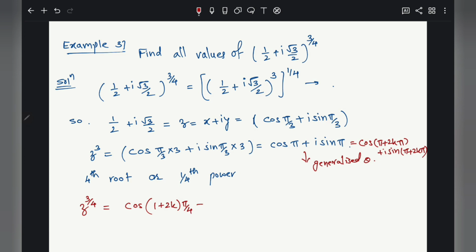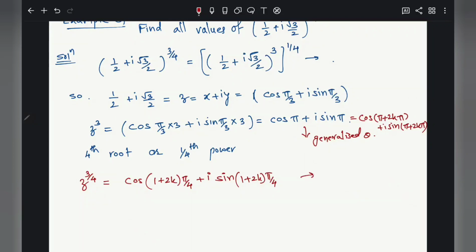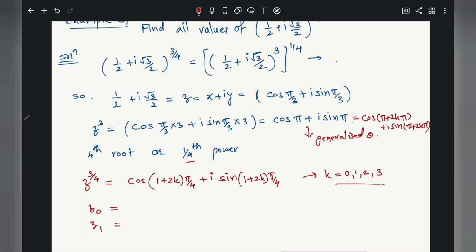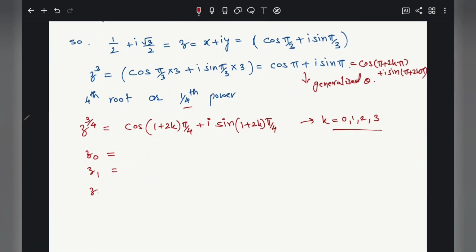Okay, 1 by 4 I am taking inside using De Moivre's theorem very easily. Earlier I showed in detail, so now I am writing directly. And you have to take k varying over 0, 1, 2, 3, since we have taken the fourth root. That's it. So like this you will get 4 values, z0, z1, z2 and z3. You will be getting 4 roots.